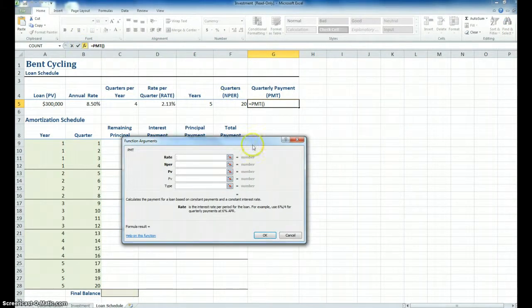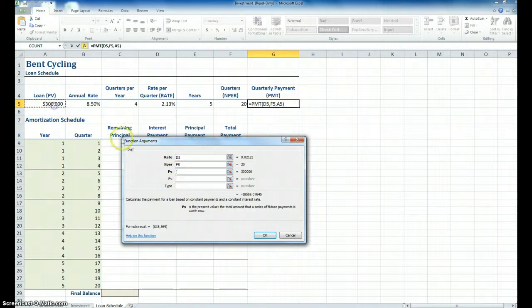My rate is 2.13. It is not 8.5. It is 2.13 because every time I make a payment, I'm going to be charged this rate. The number of periods is simple. It's right there. It's not the 4 a year. It's not 5 years. It's the 20 payments. That's how many payments we're going to make.